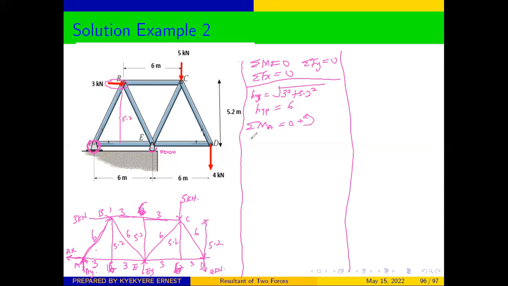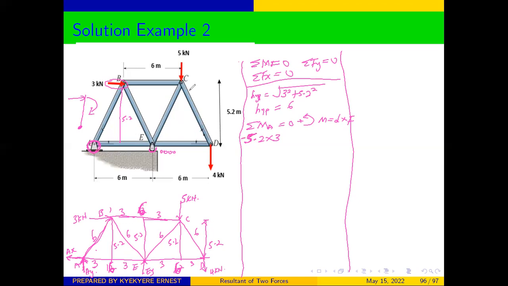The formula for moment is always distance times force, so the distance there will be 5.2 times our force, which is 3. But you realize that where the force is applied, with this point fixed, it will rotate the object this way, which is the clockwise direction. Therefore, this is going to give us negative.